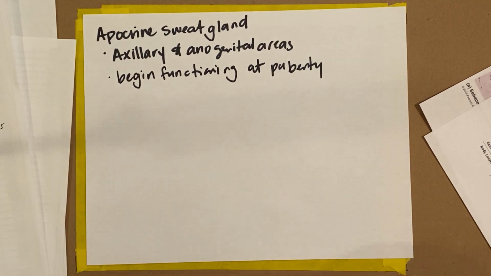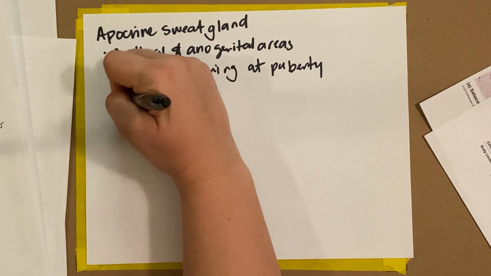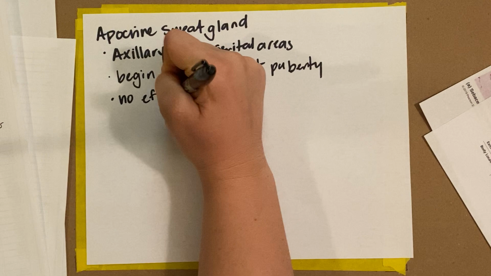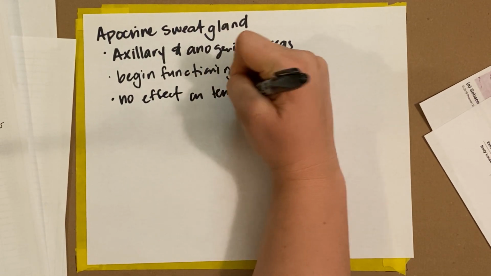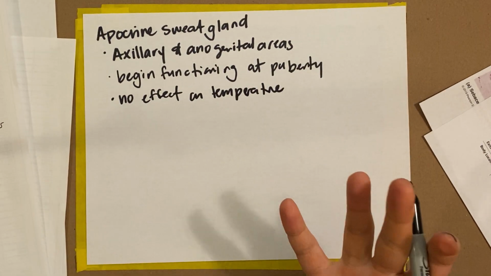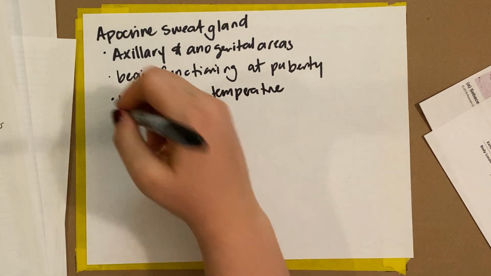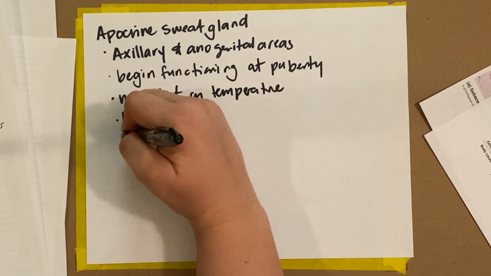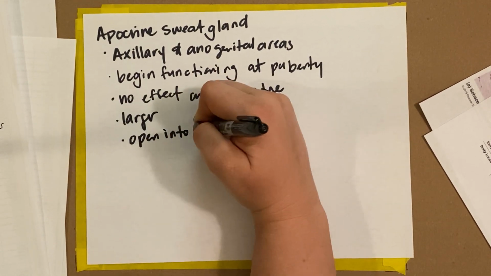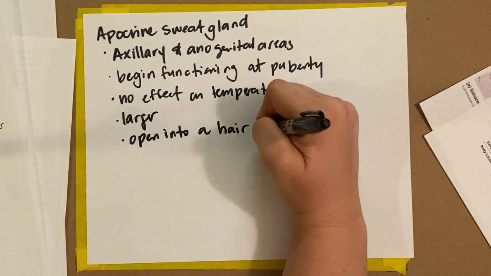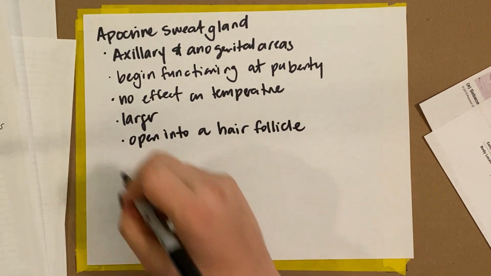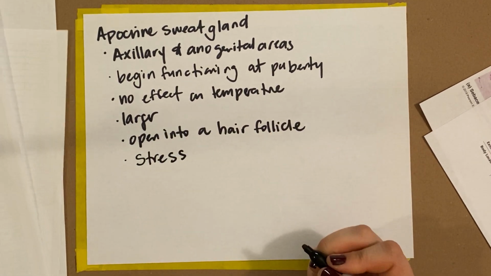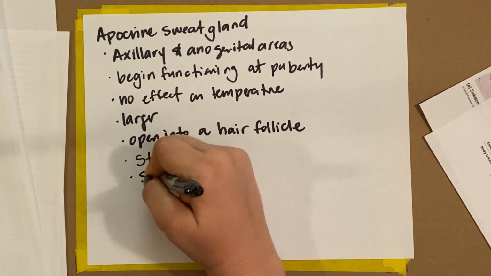They have no effect on temperature. So these are not your standard sweat glands. They're larger, and I'll show you a picture of that. And they open into a hair follicle. They are often activated with stress, but we also think with sexual arousal.